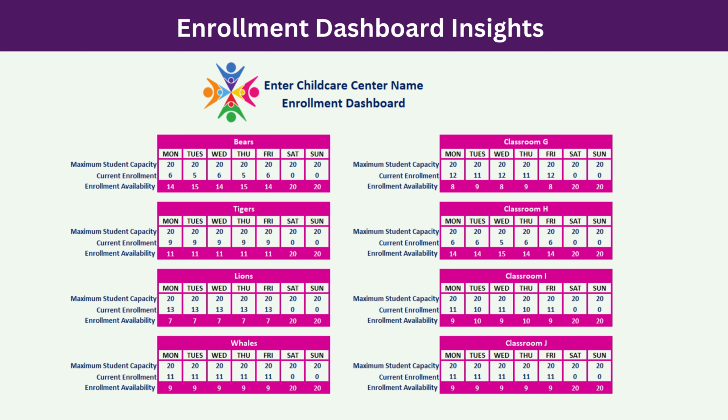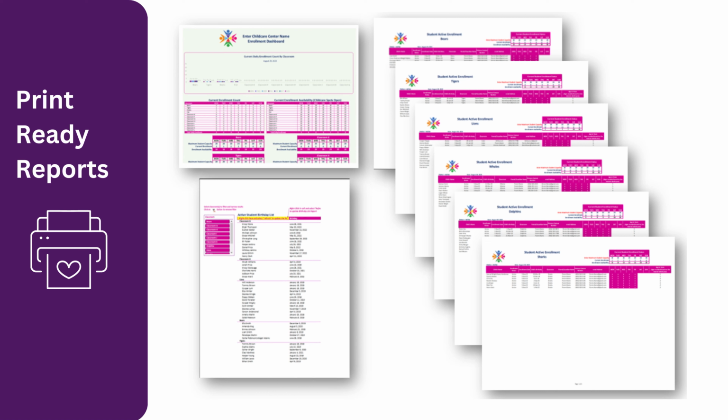The individual classroom tables below provide an at-a-glance view of all classrooms. These are the same tables featured on the individual classroom enrollment list, but this view allows you to easily see the status of all classrooms in one convenient location. Your reports are formatted for easy printing on standard 8.5 by 11 paper.